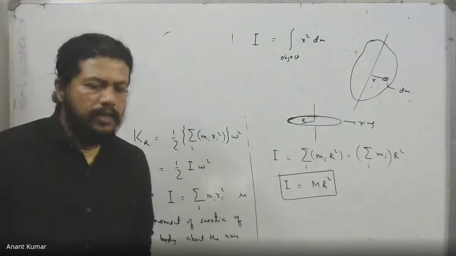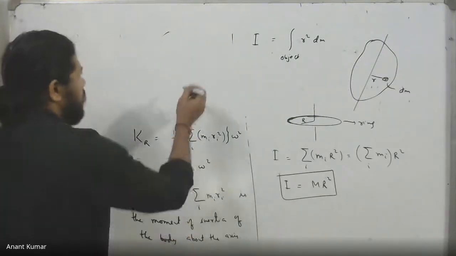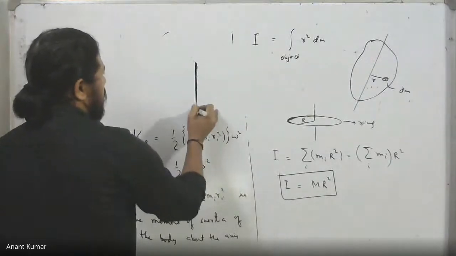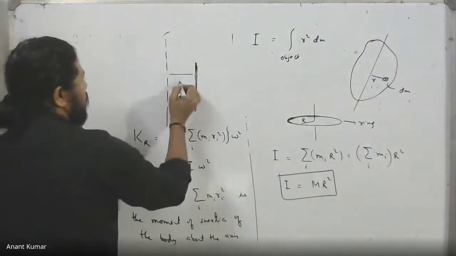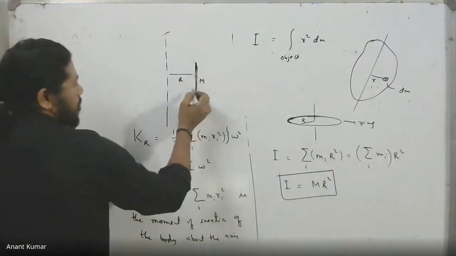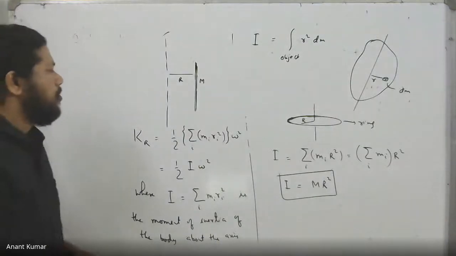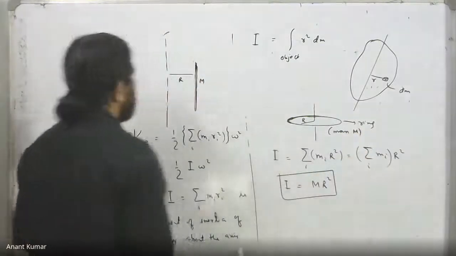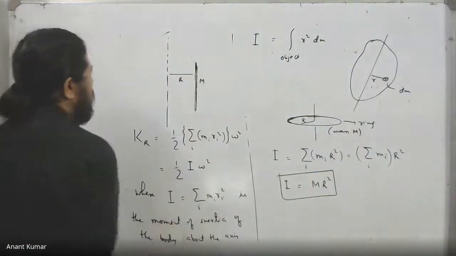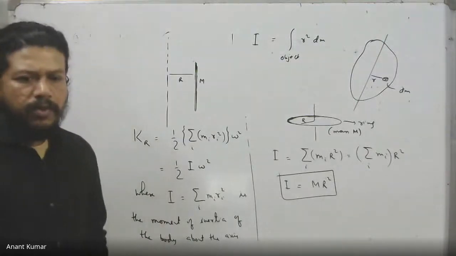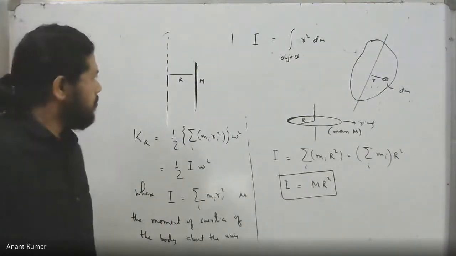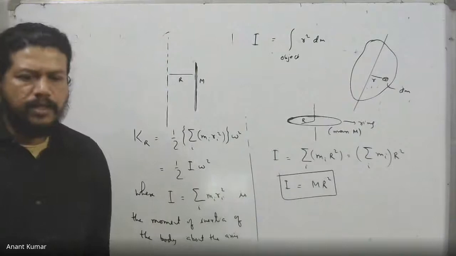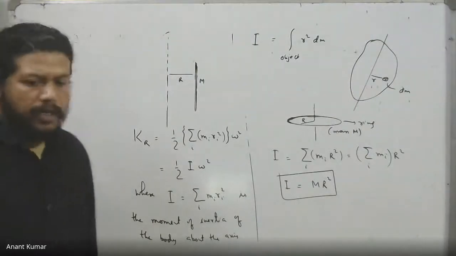Or for instance, if I take a rod and place it at a distance R from the axis like this, then on this particular axis the moment of inertia will also be the same, mR square. Okay, because all the point masses making up this rod are located at the same distance from the axis, which is equal to capital R. So the moment of inertia will be once again mR square.